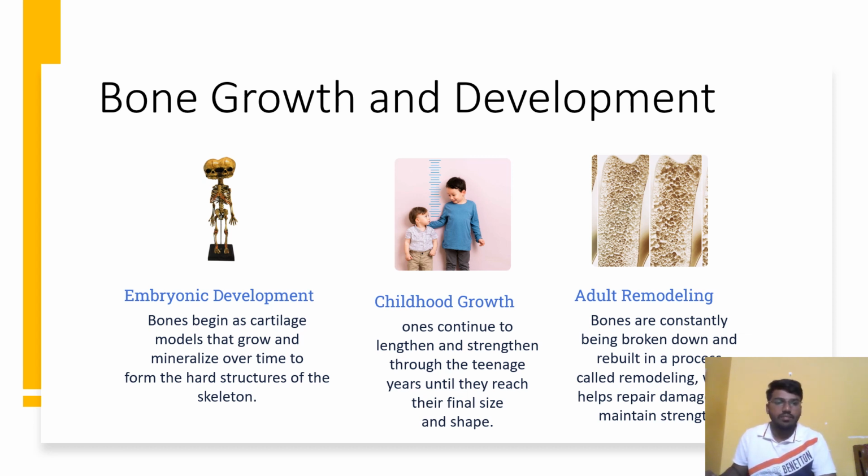Embryonic development. Bones begin as cartilage models, then grow and mineralize over time to form the hard structures of the skeleton. Childhood growth. Bones continue to lengthen and strengthen through the teen years until they reach their final size and shape.